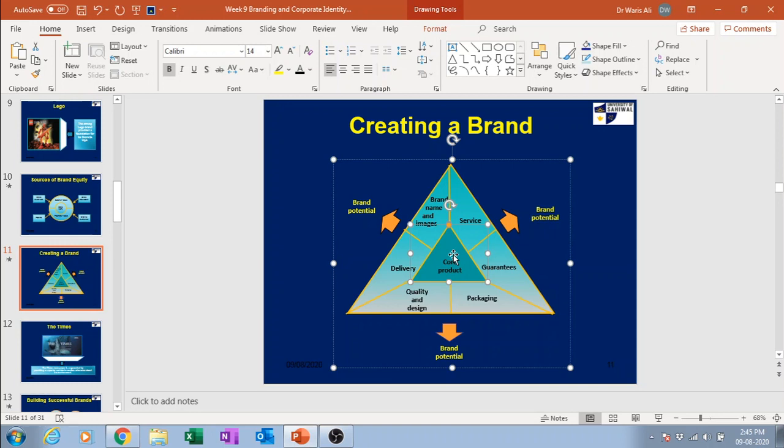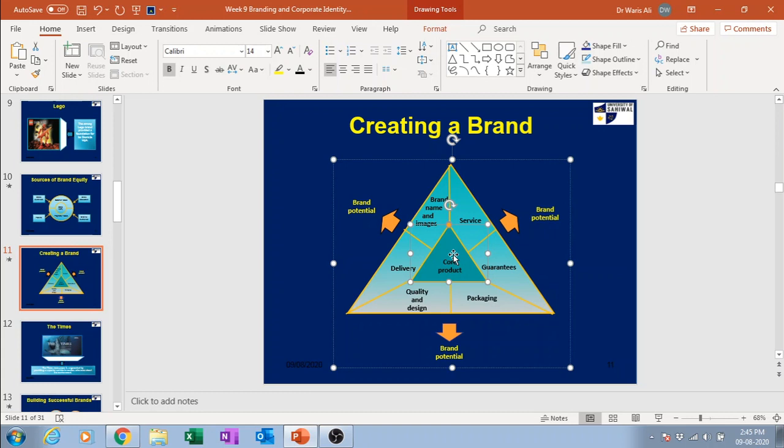So it means the burger is the core product. But if the burger is not tasteful, I won't be buying that product next time. People will not be buying that product. Why? Because the core product is not a good product. But if the core product, that burger, is tasteful, then people will buy it.